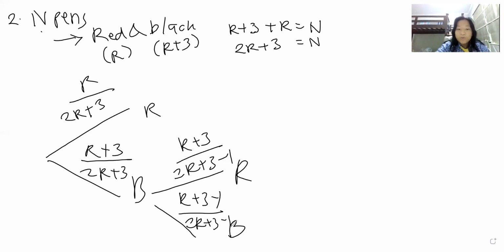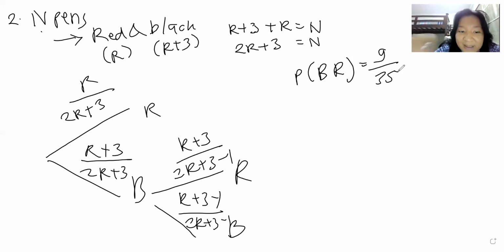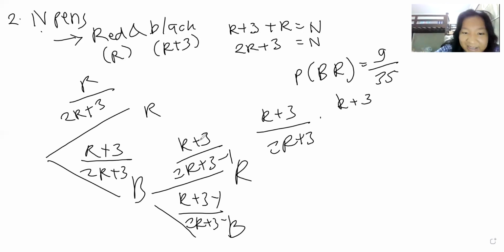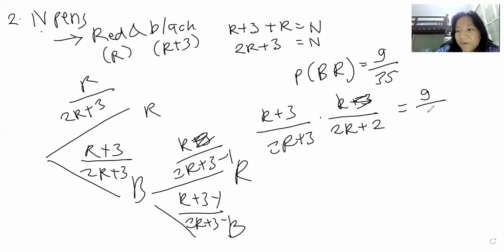But then we will not use BB, only BR. And yeah, so I can conclude that if the probability of getting the first one B and the second one R is 9 over 35, then R plus 3 over 2R plus 3 times R over 2R plus 2, because 3 minus 1 is 2, equals 9 over 35.